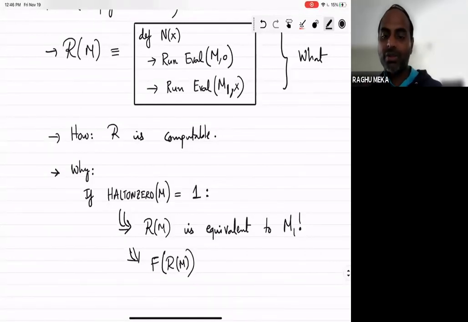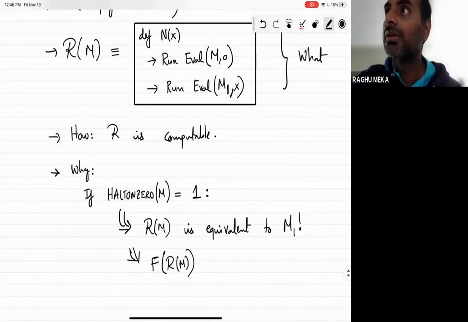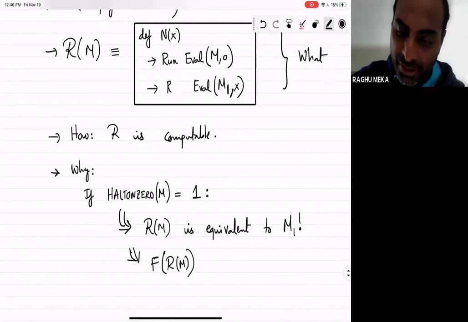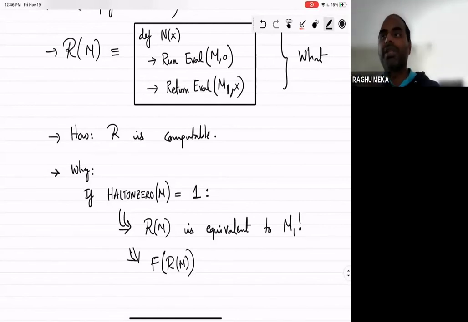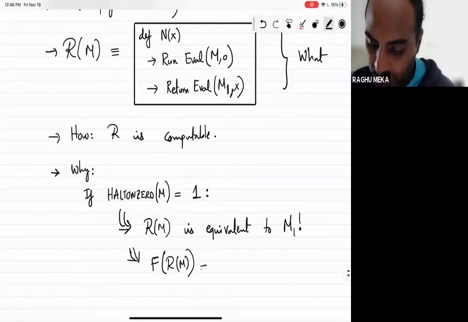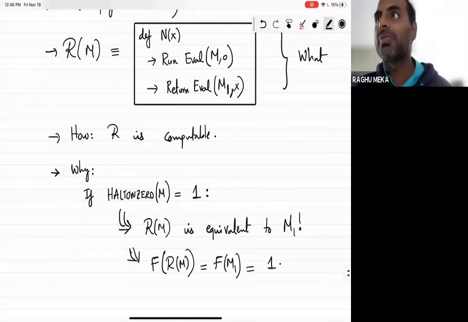Yeah, that's exactly what I write. Maybe you mean I should be saying return here? Oh, yeah, we should be returning. That's what I meant when I said that. Exactly, right? So f is semantic, so its behavior, f of R of m, should equal f of m1, which we know is 1.